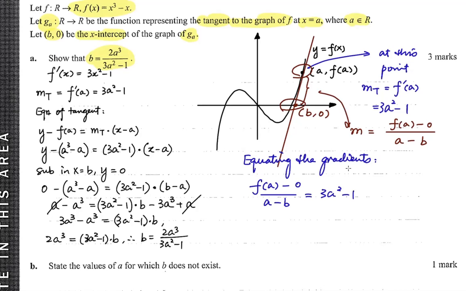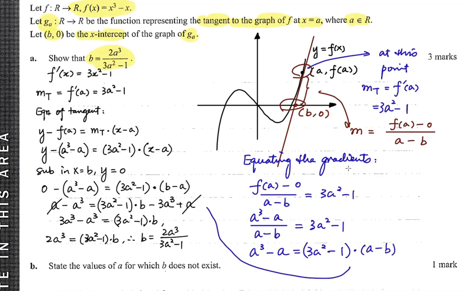And then a to the power of 3 minus a divided by a minus b is 3a squared minus 1. a cubed minus a is 3a squared minus 1 times a minus b. And the rest of the calculation follows in these steps, okay? This is approach 2. And this is approach 1.